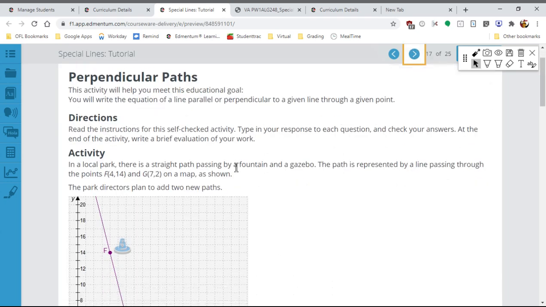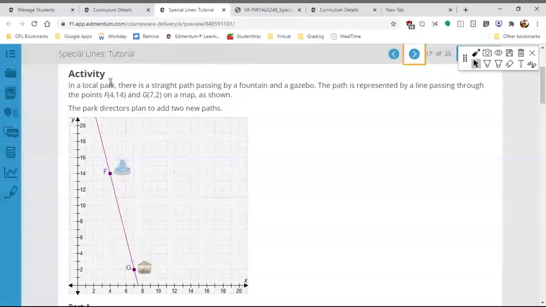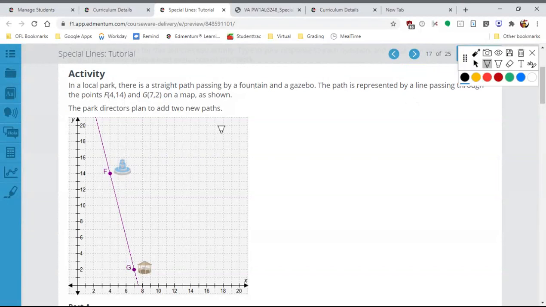All right, so let's do perpendicular lines. So if we're going to do perpendicular lines, we need to find this slope first. So if I'm finding the slope first, I'm going to do my rise over run. I'm not really rising, I'm more like falling.